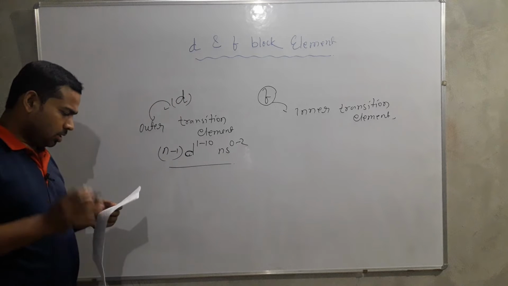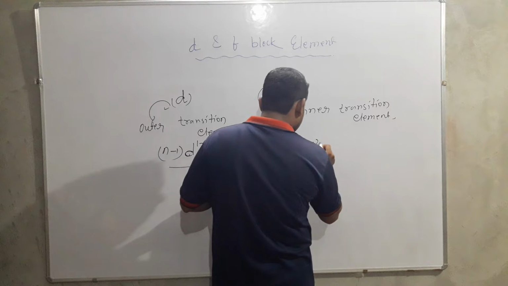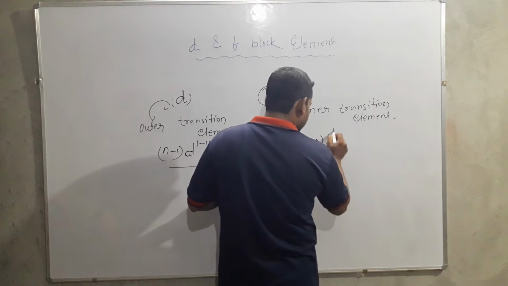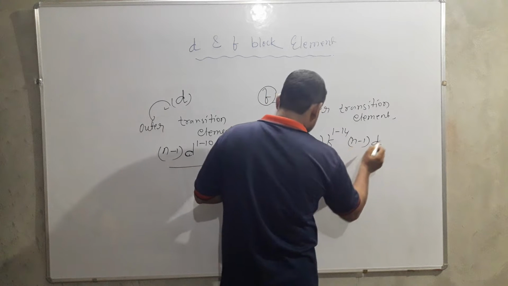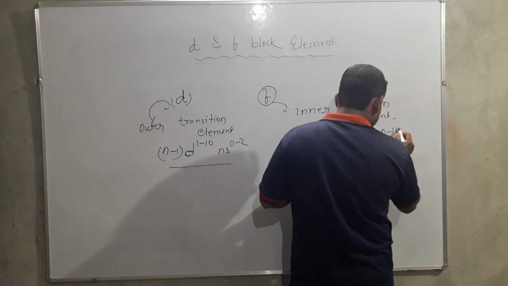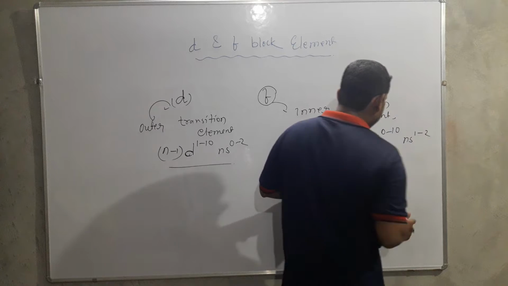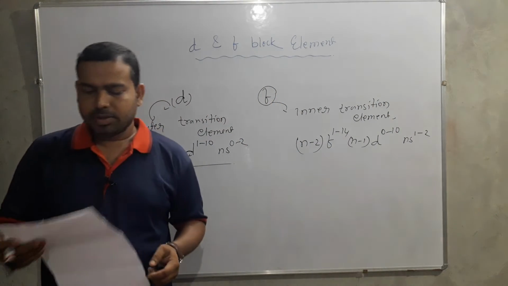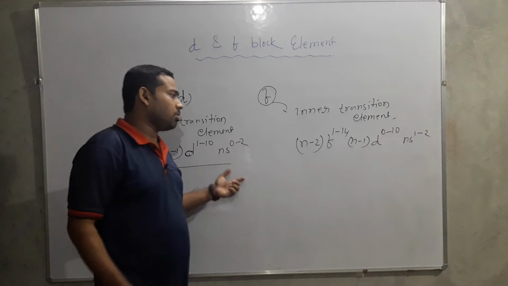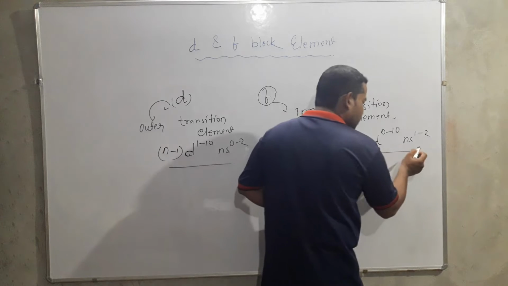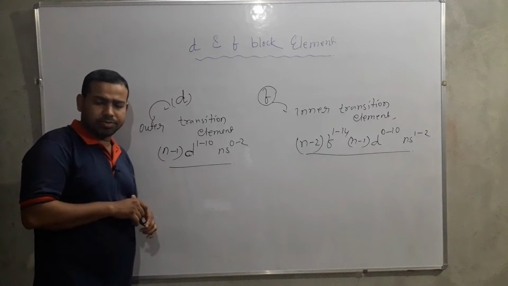It's very important, and sometimes it can come in the board exam too. For f block elements there is another configuration: (n-2)f 1 to 14, (n-1)d 0 to 10, ns 1 to 2. This one is the general configuration of f block elements, and the other is for d block. You can be asked this anytime in your board exam; it may have come before too, a question on general configuration.